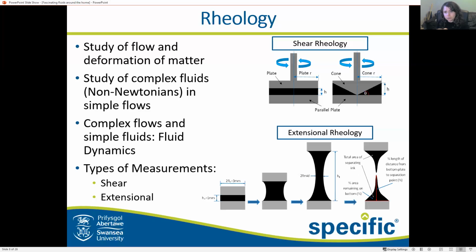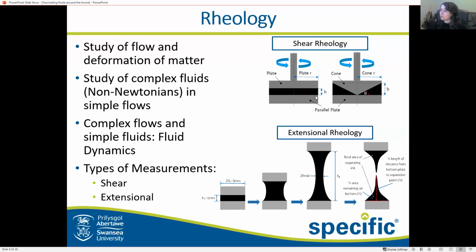And the machine being used to do this will know the amount of force, so the amount of strain or the amount of stress being applied to allow this rotation to happen. And it can measure the resistance from the fluid to understand its viscosity or its other properties, such as its viscoelastic properties, by doing it in a frequency, going back and forth, and that allows you to know how elastic the fluid is.